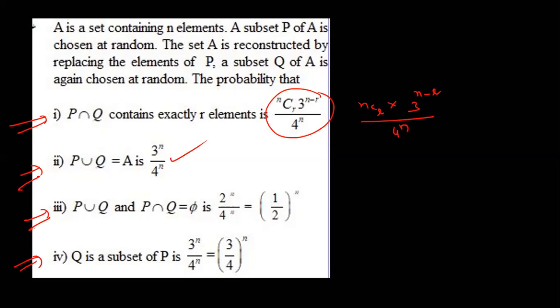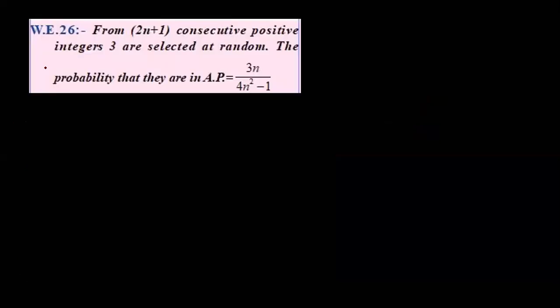Take the screenshot. Okay. Dear students, this one we discussed earlier. Of 2n plus 1 consecutive positive integers, 3 are selected. 3 numbers are selected.